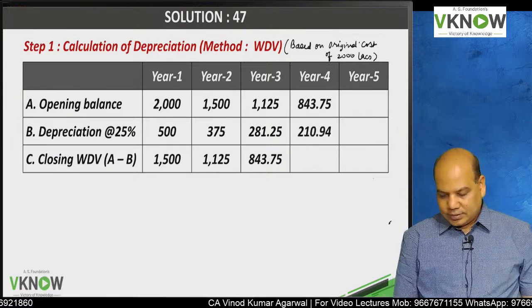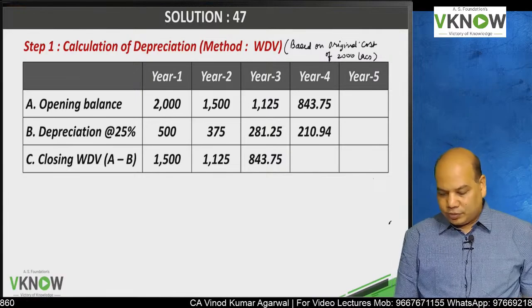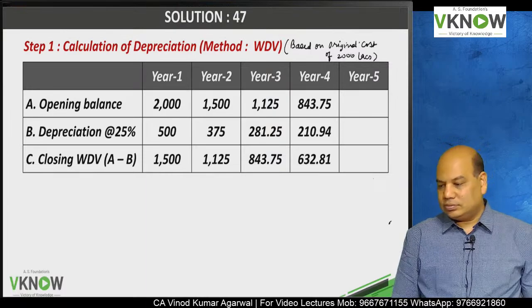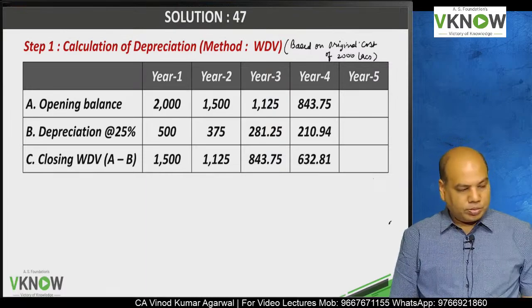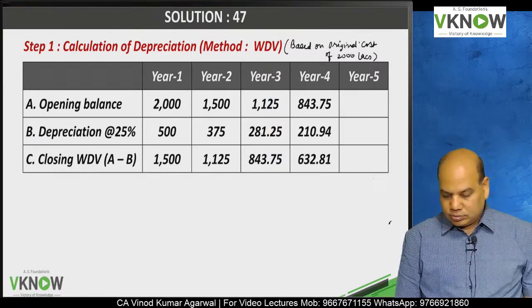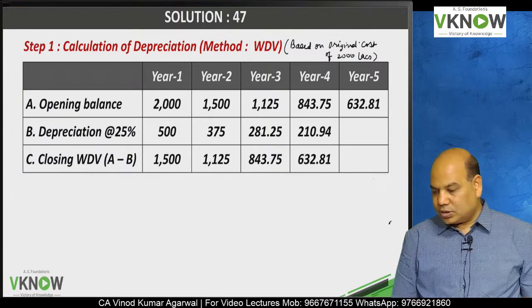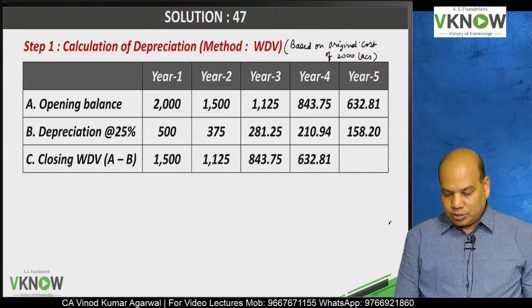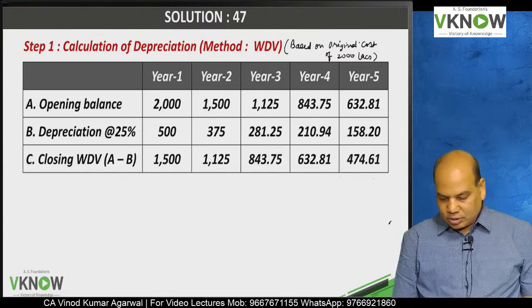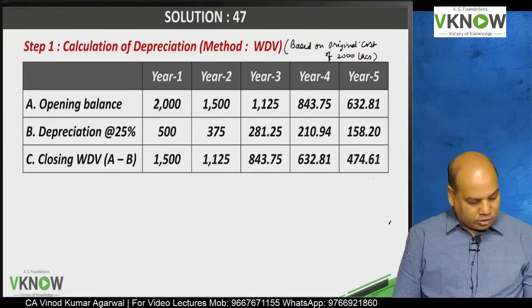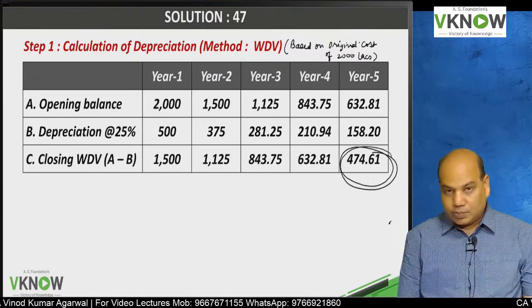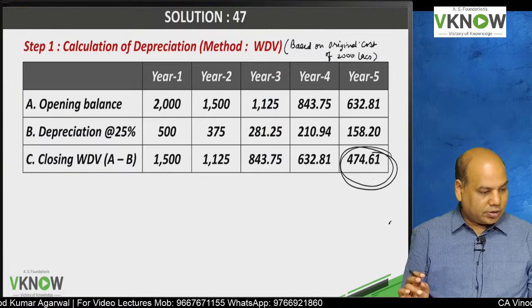Then 210.94, closing balance 632.81. Next column 632.81, depreciation 158.20, and your closing balance is also same as salvage value given in the problem, second line of the question.